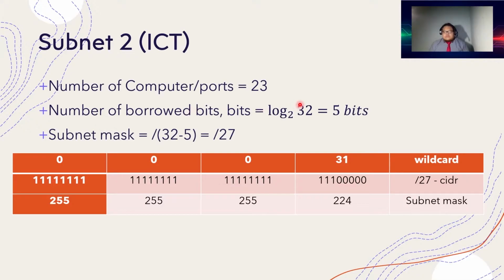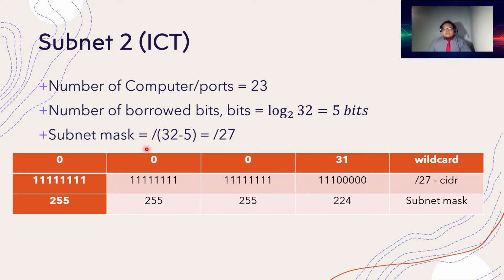So we choose the nearest number that produces a whole number, log 2 of 32, which gives 5 bits as the number of borrowed bits. Then we apply the borrowed bits to the subnet mask by subtracting from 32, and we get the same answer as subnet 1, which is mask 27.